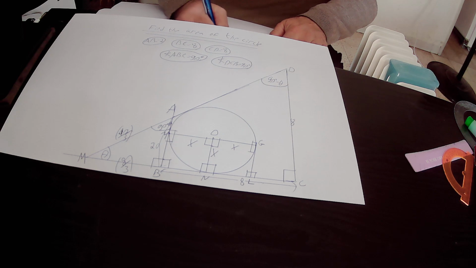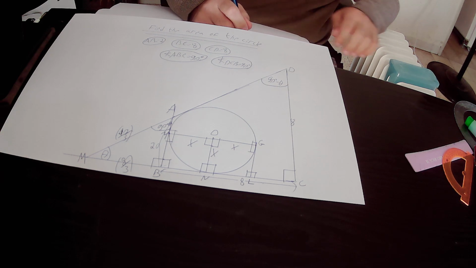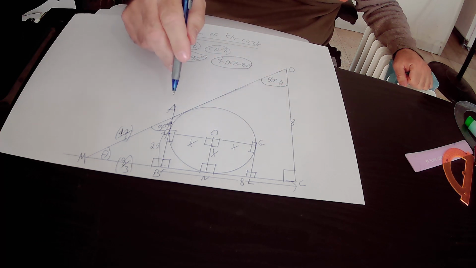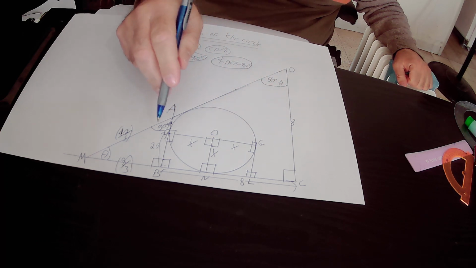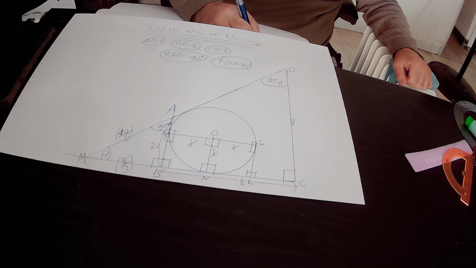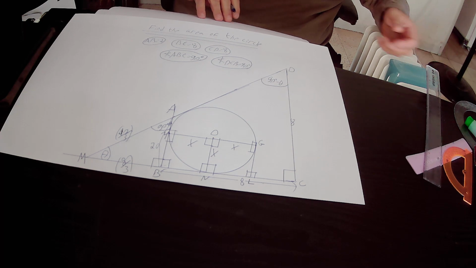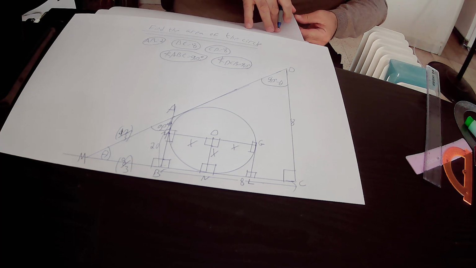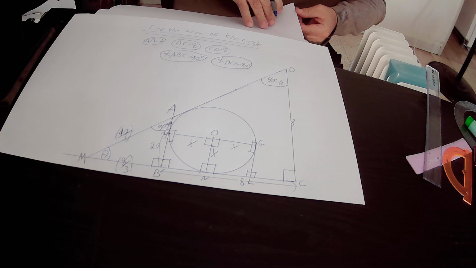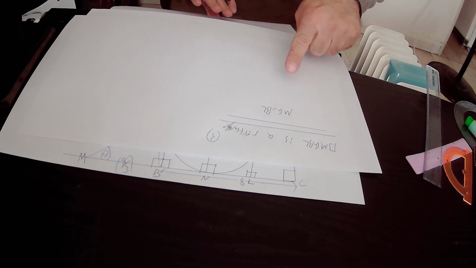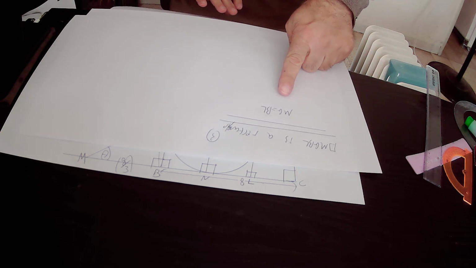But we also know that the opposite sides of a rectangle are equal to each other. That is to say, in rectangle MGBL, side MG must be equal to side BL. MG equals BL.